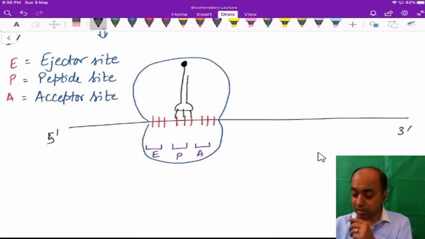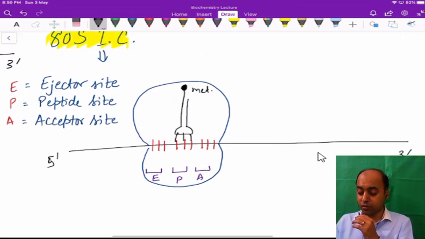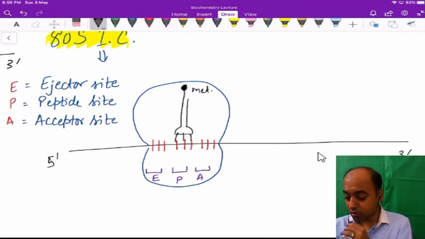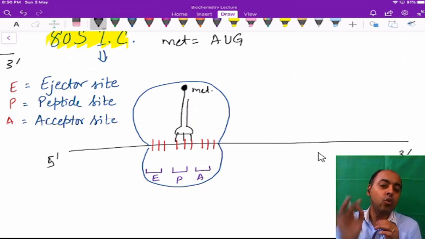In this case, it is the methionine tRNA attached to its corresponding codon, which is present at the P site. If you recall, in eukaryotes, the methionine is denoted by AUG. So in the initiation complex, the codon at P site will always be AUG.